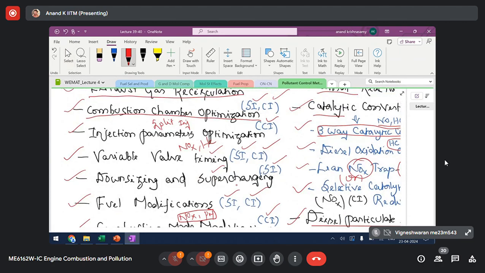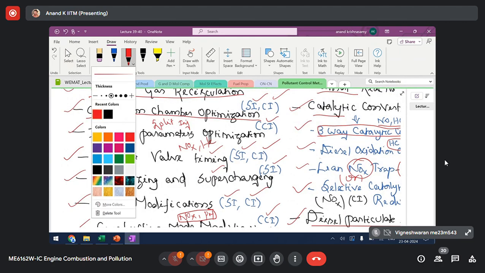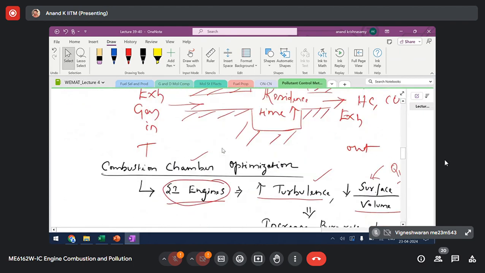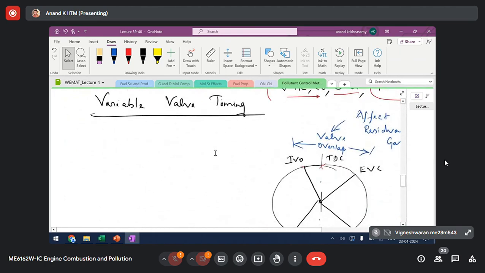Next, about injection parameters optimization. Injection parameter optimization, as I said, is applicable for CI engines. In an SI engine, we don't have any big role of fuel injection parameters because it's a premixed combustion. In a CI engine, fuel is directly injected.